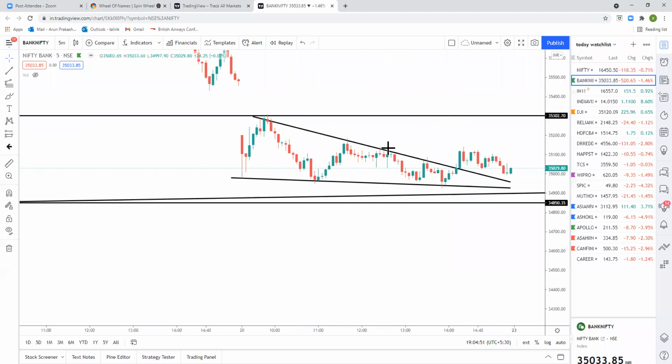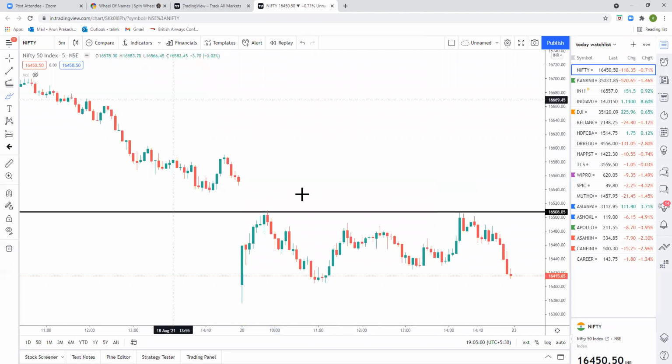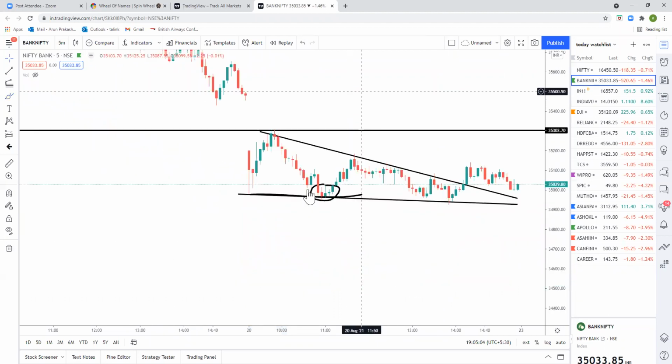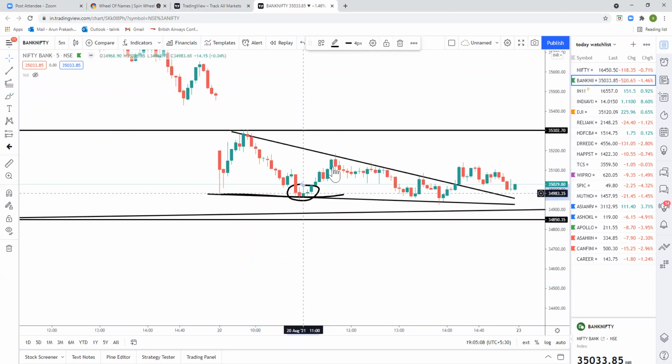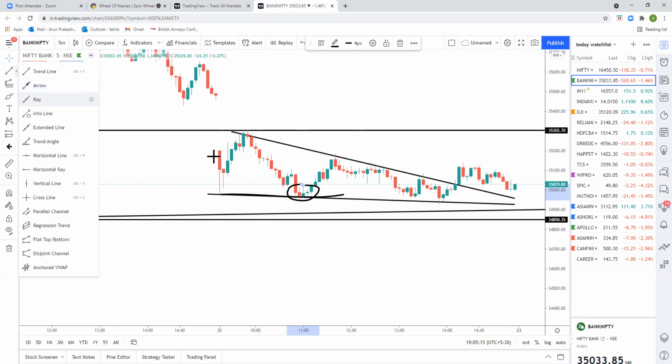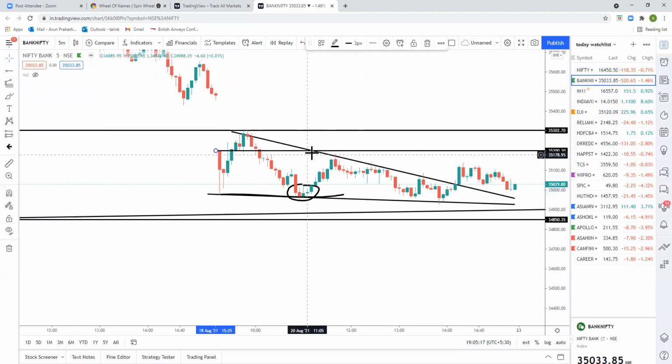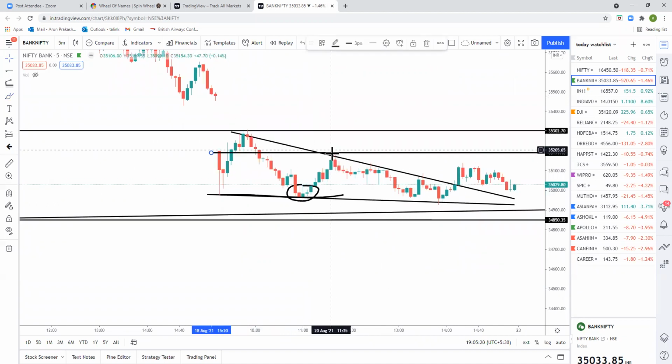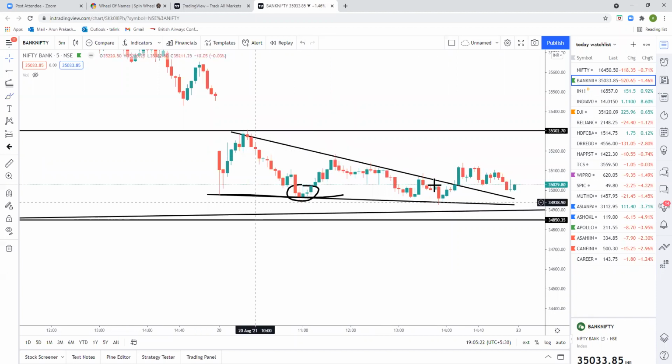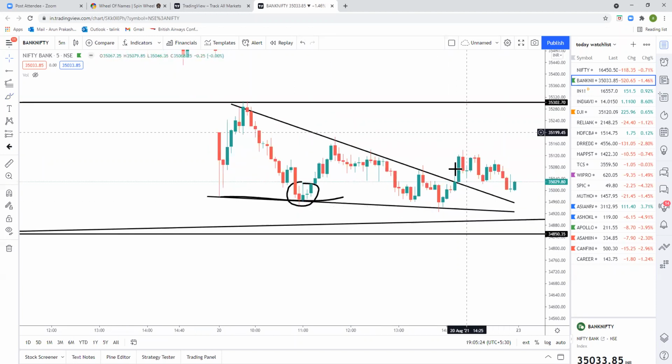That was also in Bank Nifty, not in Nifty. So maybe at this level, I went long. I booked my profit somewhere around this previous level high. So this was just a scalping. Both were just two scalping trades I took in Bank Nifty yesterday.